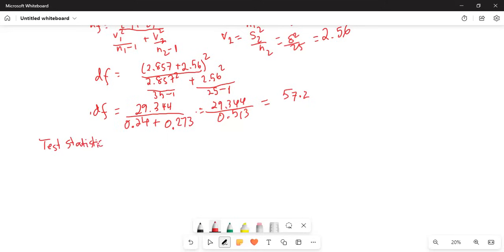So the test statistic is T. It is a t-test because we do not know the population standard deviation.